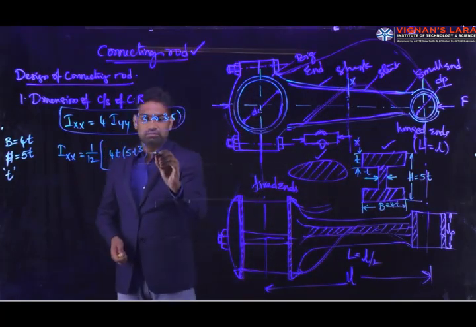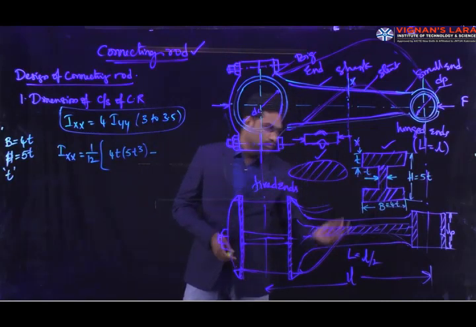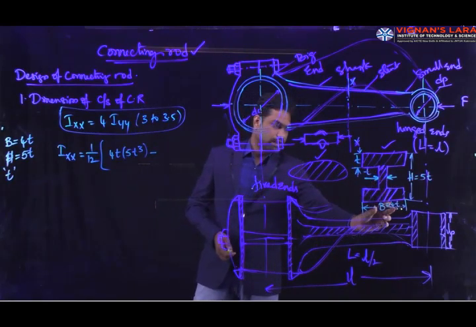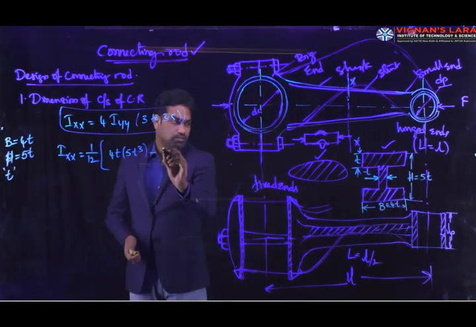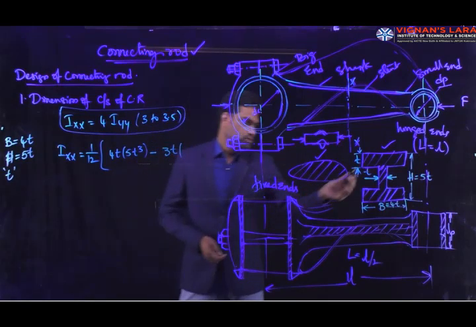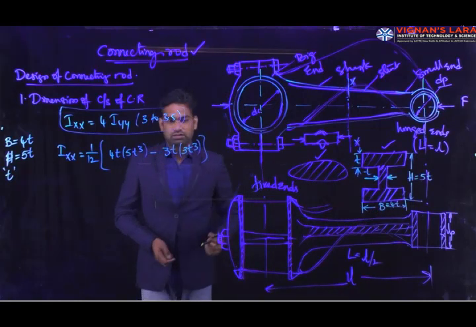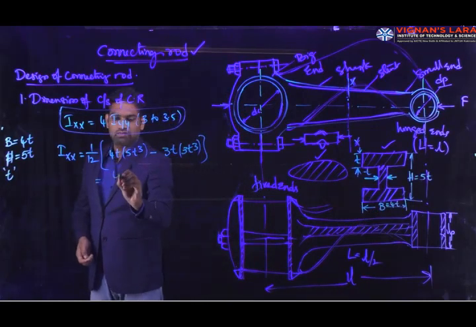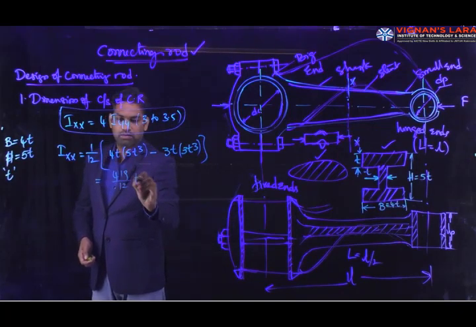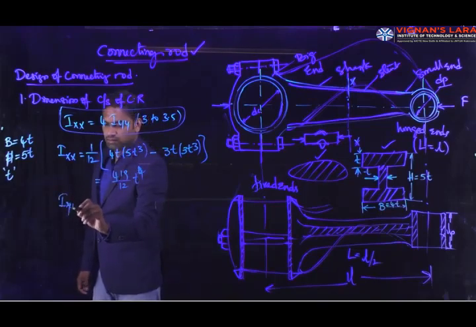From that we subtract the remaining portions of area, that is t subtracted from 4t, which gives 3t, and the height with t and t subtracted gives 3t cube. So this is the Ixx. The value of Ixx is 419 by 12 t power 4.